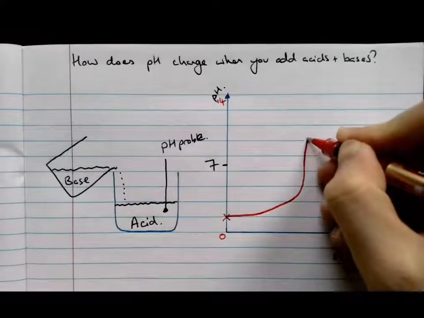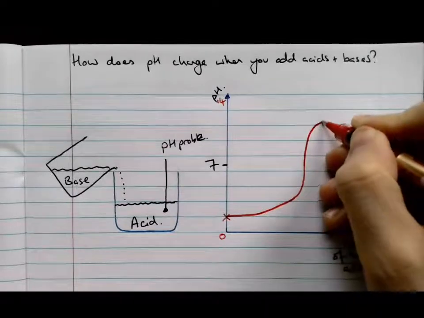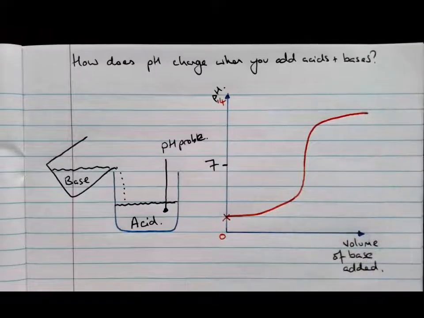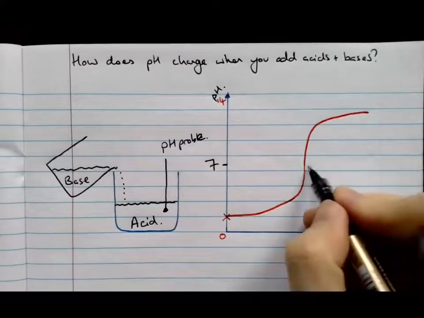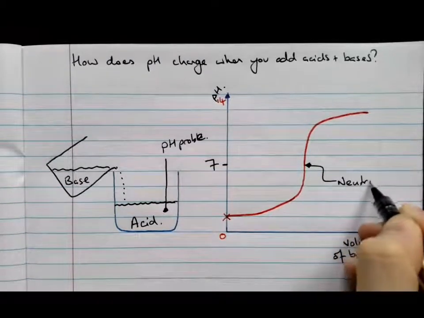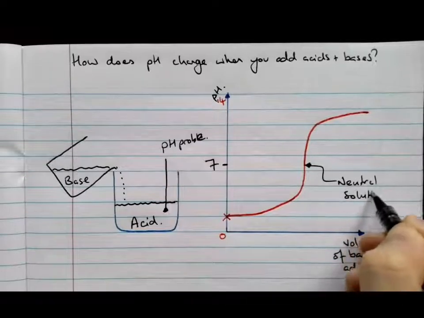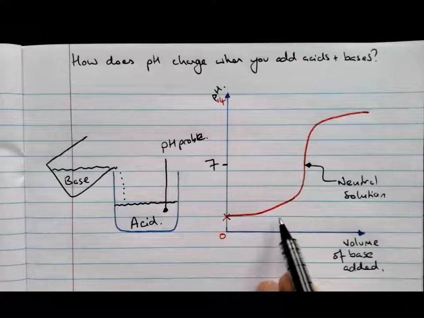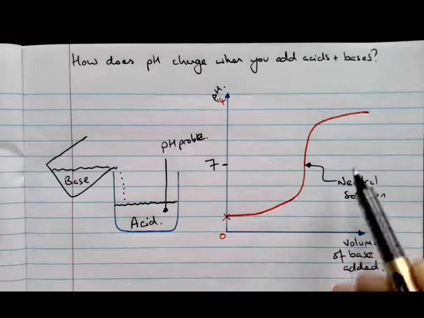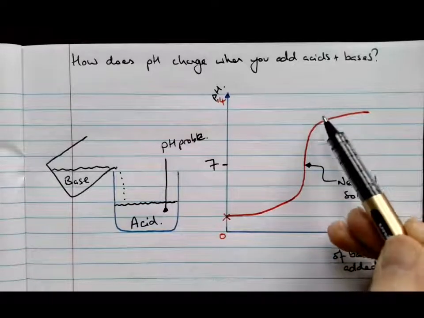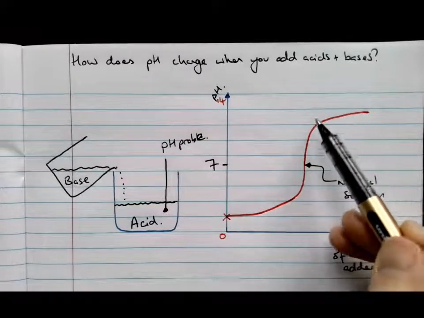It's going to keep going up if I keep adding more, and eventually it will start to flatten out like that. So that's what happens to the pH. And then here we know we've got our neutral solution. So if I don't add enough base, it's still pH less than 7, it's still an acid. And if I add too much base, then it's pH more than 7, so it's a base solution.